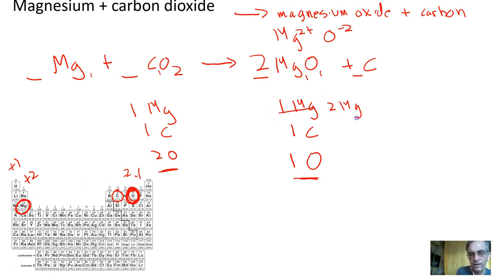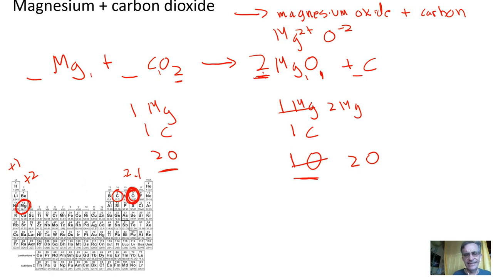That's okay. But really the goal was, now I have 2 times 1, 2 oxygens. So oxygen is now balanced. There's 2 on the left, and because of that coefficient, there's also 2 on the right. Now, this often happens. We fixed oxygen, but we broke somebody else, the magnesium.